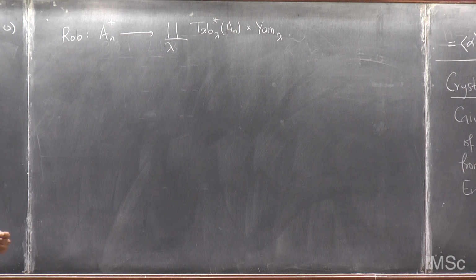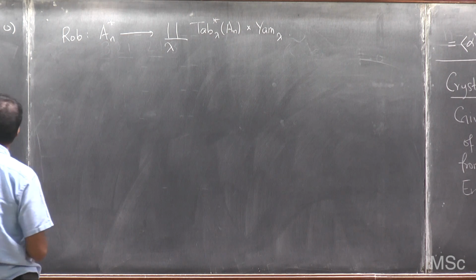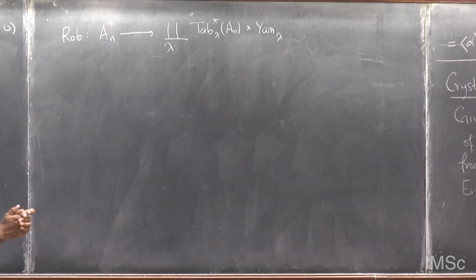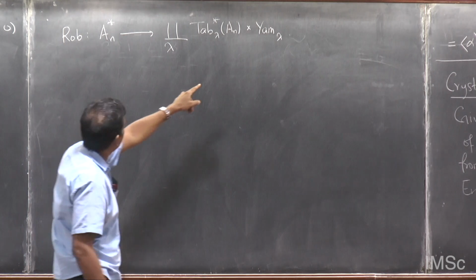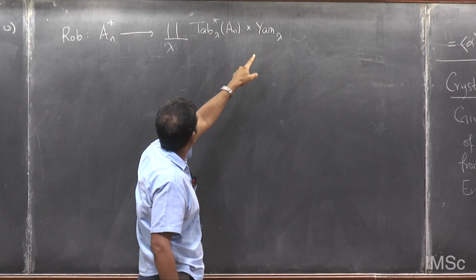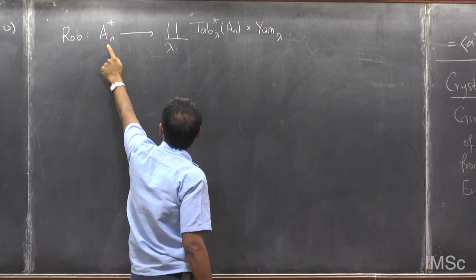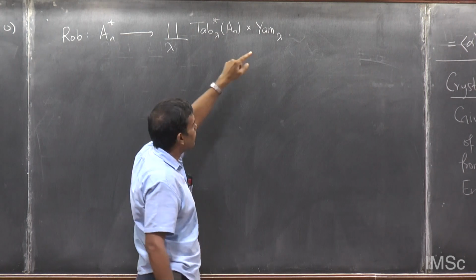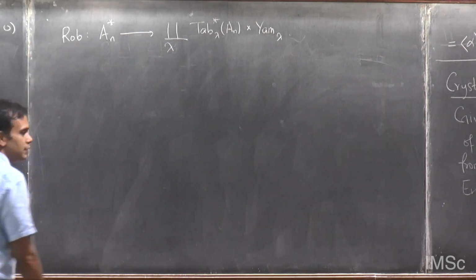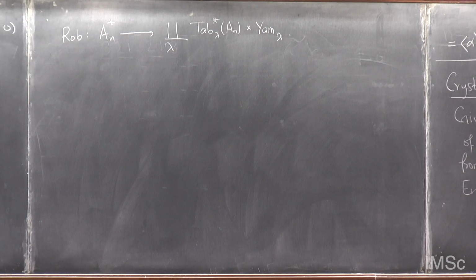a Yamanouchi word. So what we are going to see is that this correspondence can actually also be obtained from crystal operators. This Yamanouchi word is basically going to be, you start with this word and then you keep applying f's, all kinds of f's, till you can no more apply any f's, and then you would have a Yamanouchi word.